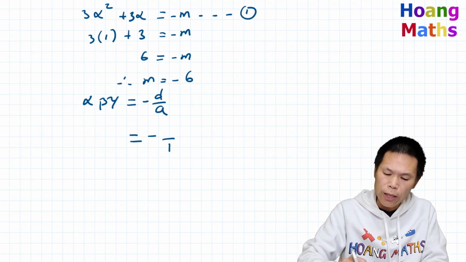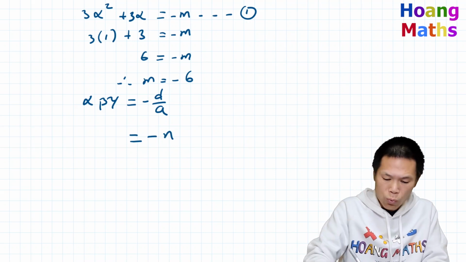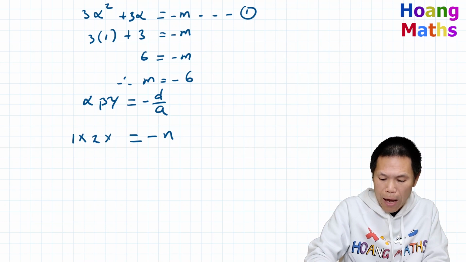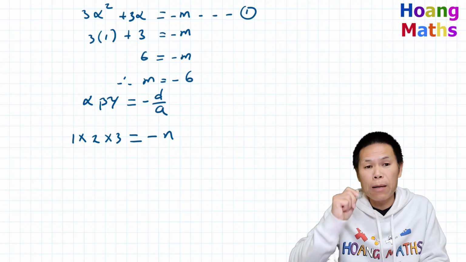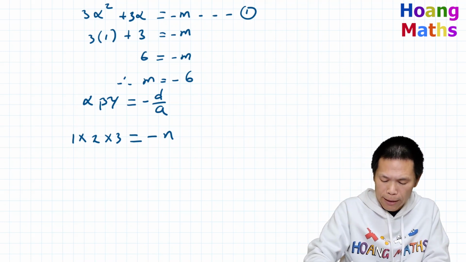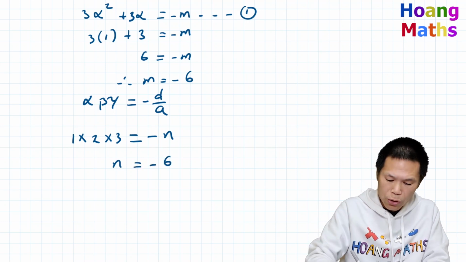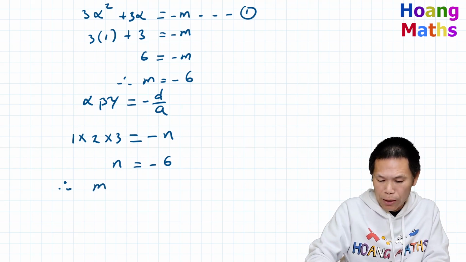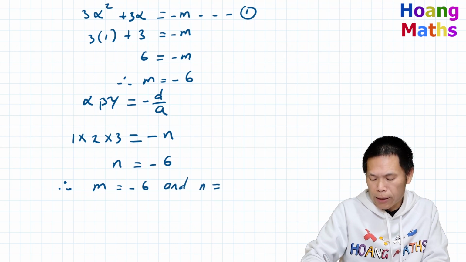So therefore, we just write negative n. And alpha is 1, beta is 2, and gamma is 3, because they are consecutive integers. So 1 times 2 times 3 gives me 6. So therefore, n is equal to negative 6. So let me just write this down. The value of m is equal to negative 6, and n is negative 6.